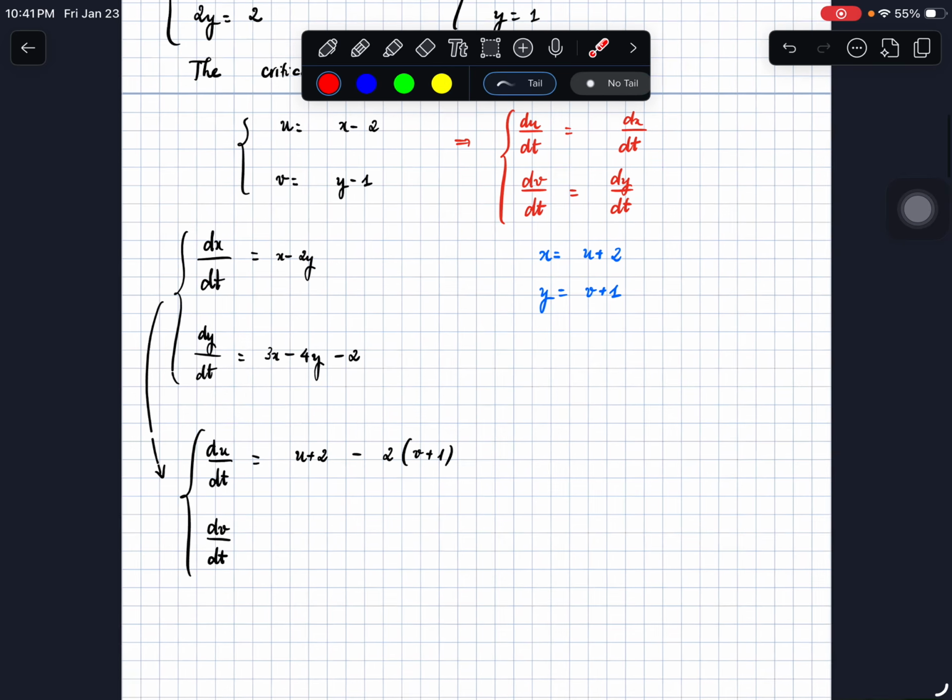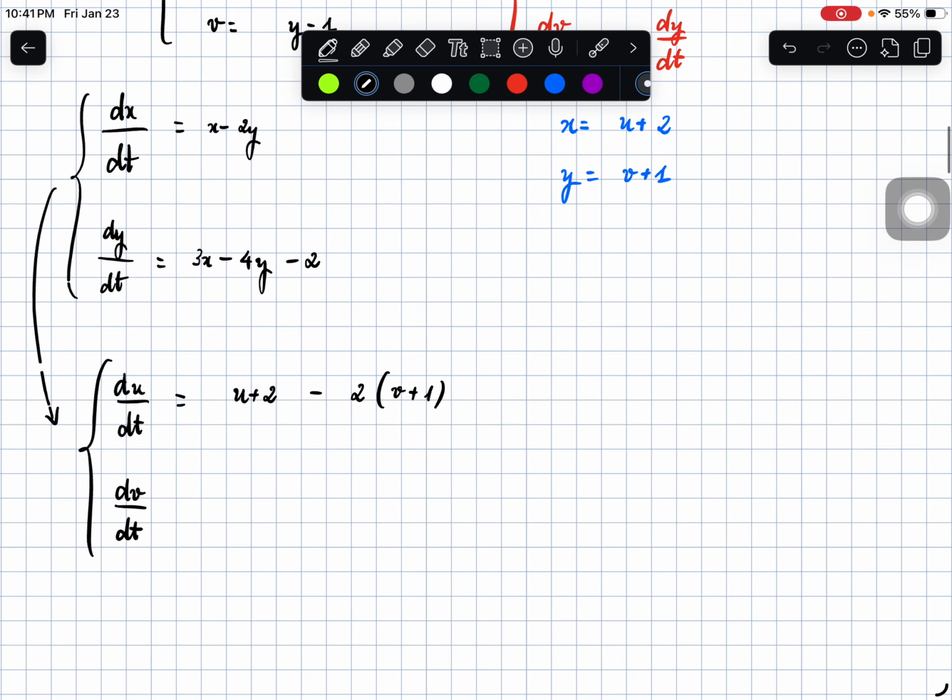So for this one I use 3 times x, so 3 times u plus 2, x equal to u plus 2, minus 4 times v plus 1 minus 2.